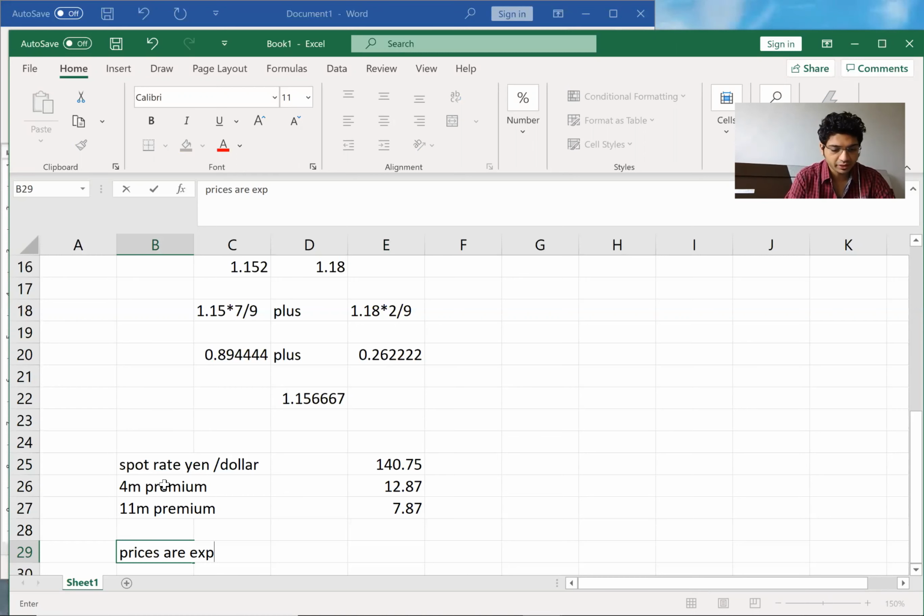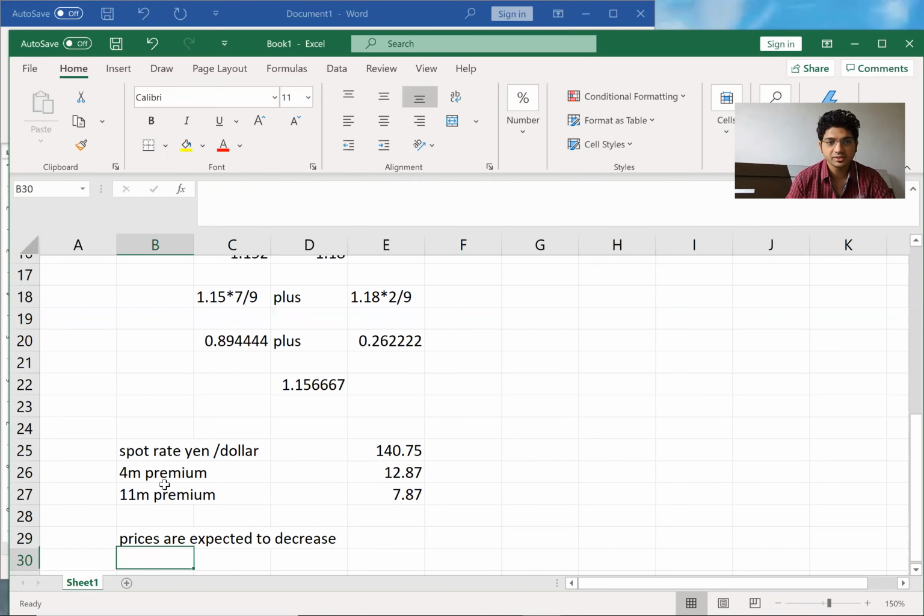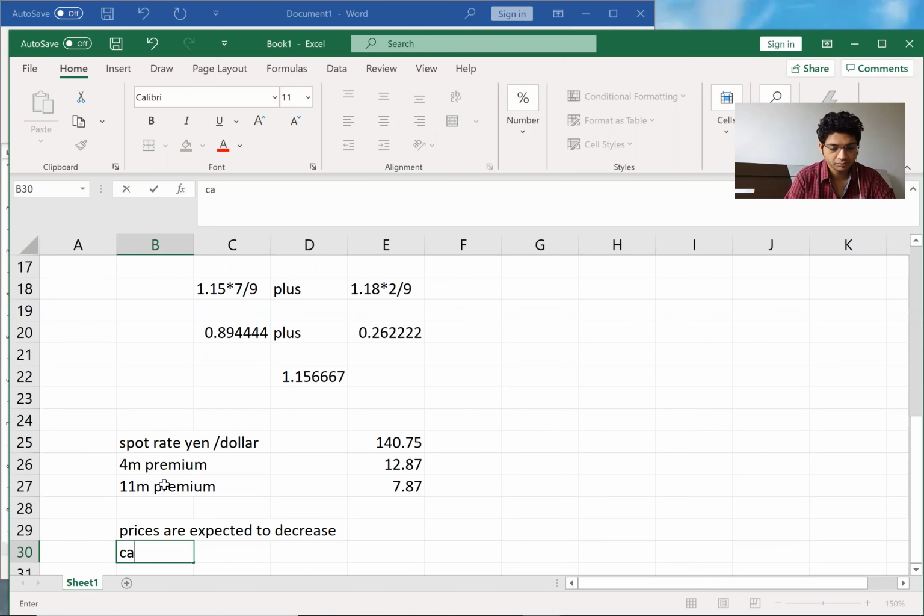Prices are expected to decrease. Calculate a 7-month premium. Calculate a 7-month forward rate for yen per dollar.